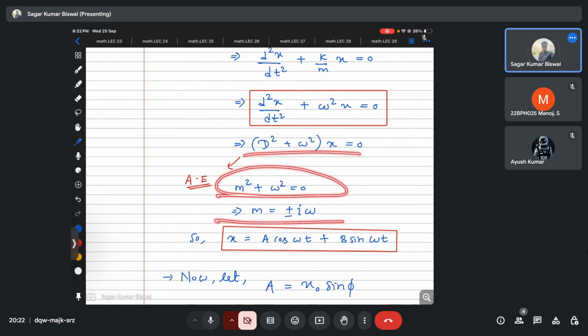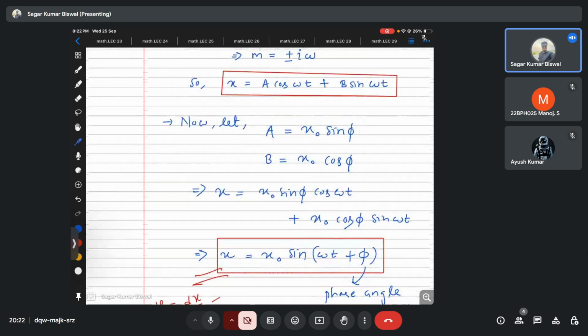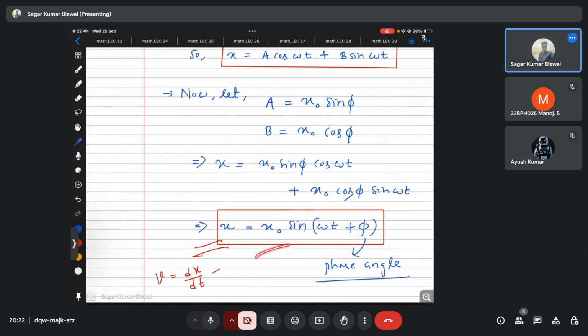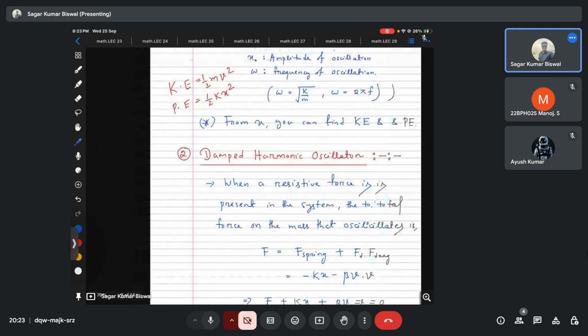These are the roots, and applying case 3, when the roots are complex conjugates of each other, this is the solution, and using some trick you can also find the position of the particle with respect to time, right? Is it okay, or is there a doubt from this section? Okay then.